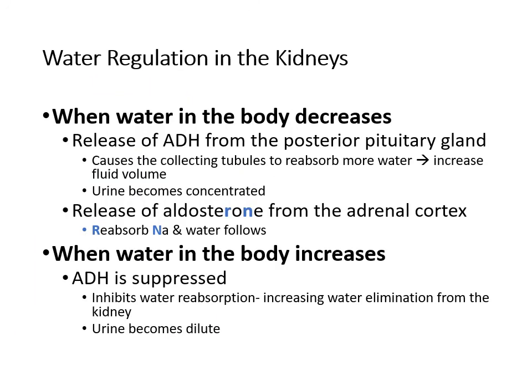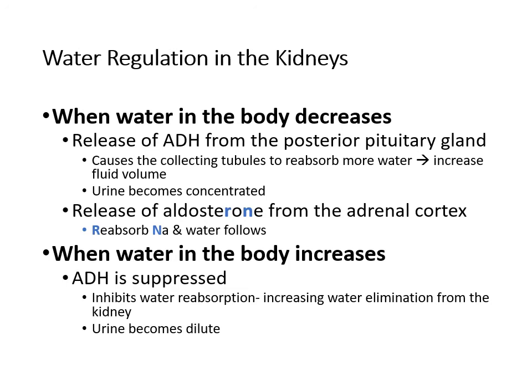Okay, let's look at water regulation in the kidneys. So what happens when the plasma volume, or the water, let's say, decreases in the body? When your plasma volume, because we're typically talking about the intravascular volume, okay, the fluid that's in your blood vessels, is reduced, say because you haven't been drinking well and you're dehydrated, that's going to stimulate ADH release from the posterior pituitary gland.